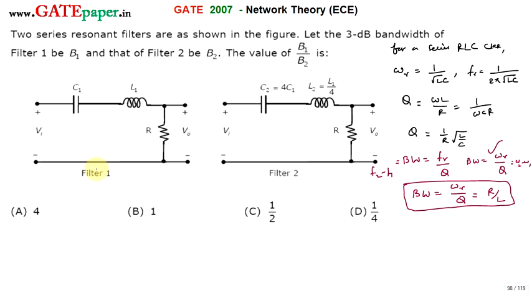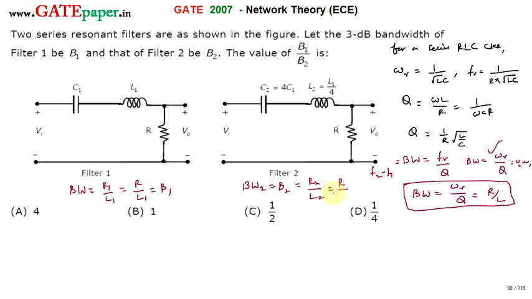Now for filter 1, bandwidth is R1 divided by L1. R1 is simply R, and this is L1. So this is bandwidth B1, defined as B1 equal to R by L1. Now the bandwidth of filter 2, B2, is equal to R2 divided by L2.